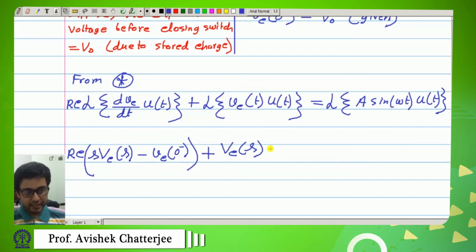And on the right side, A constant, the Laplace transform of sin omega t u(t) is omega divided by s squared plus omega squared.